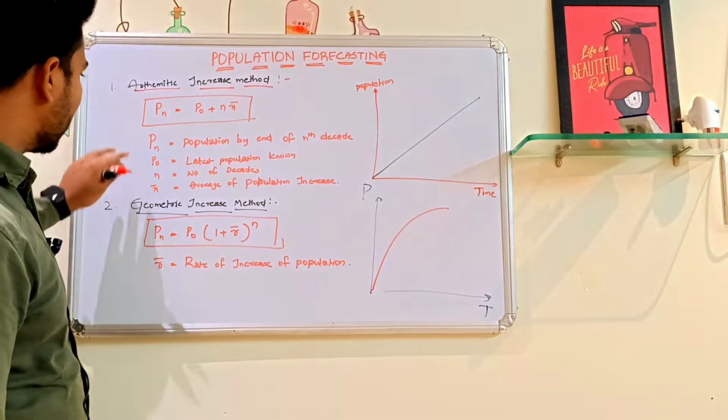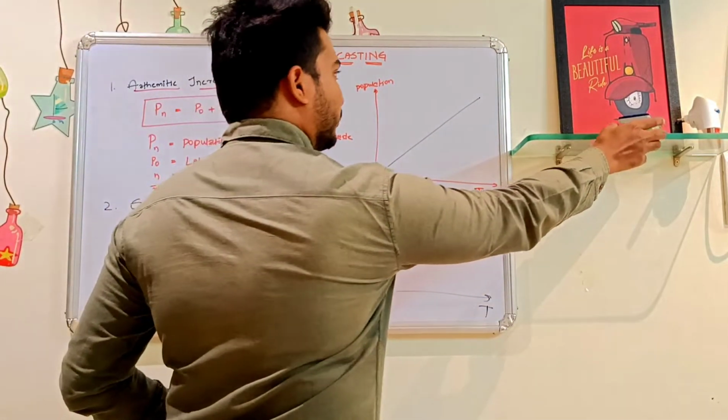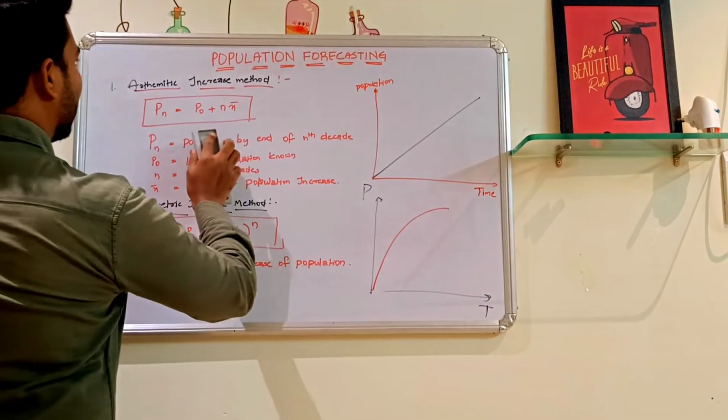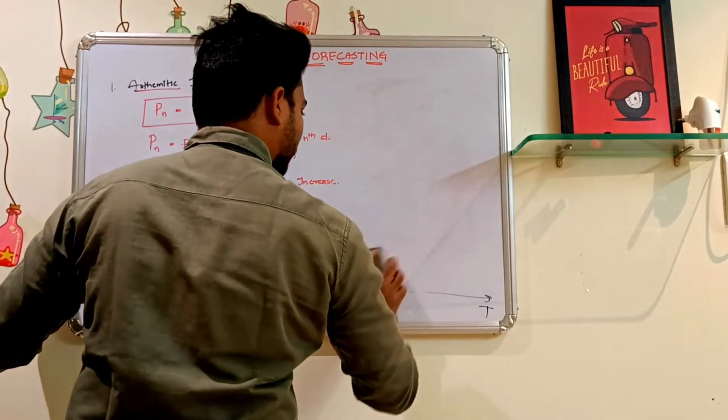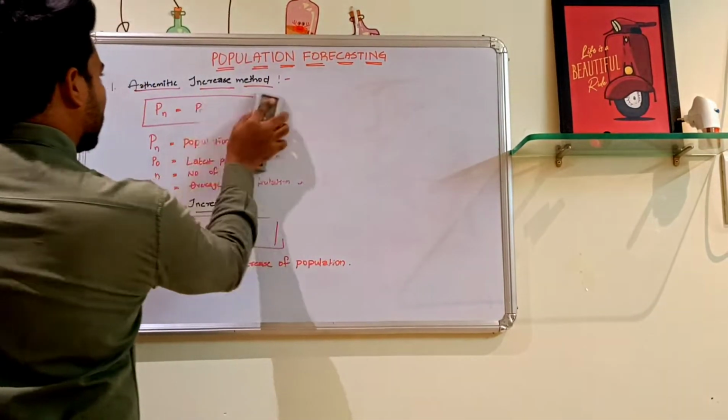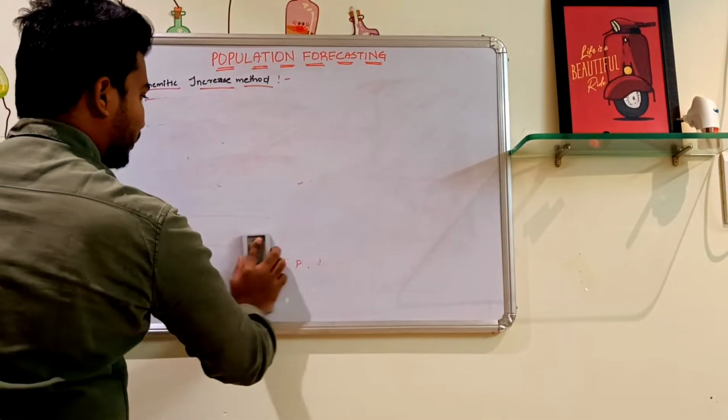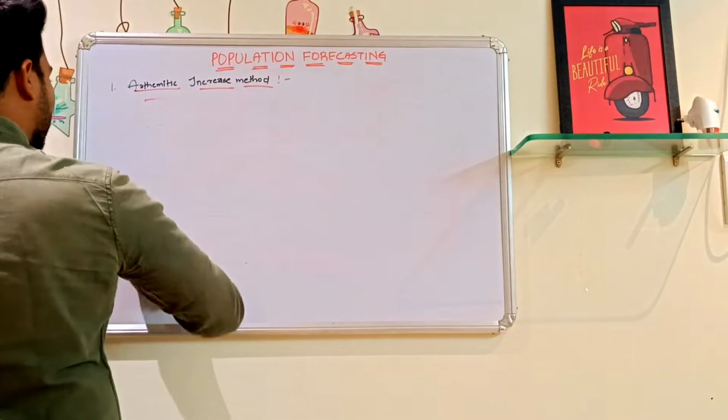So we have finished arithmetic and geometric. So the third method is the incremental increase method. So the next we'll be seeing is the incremental increase method.